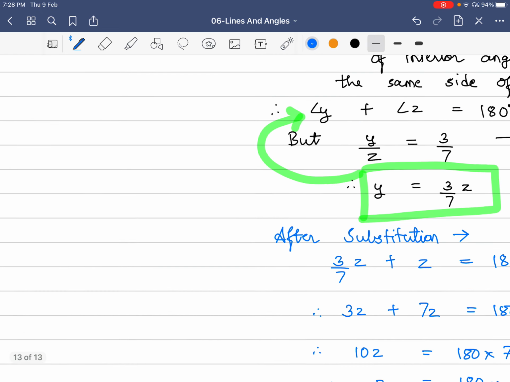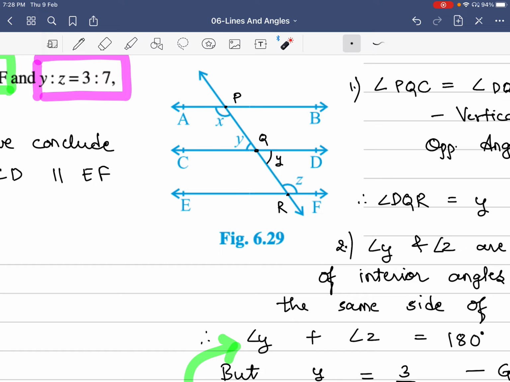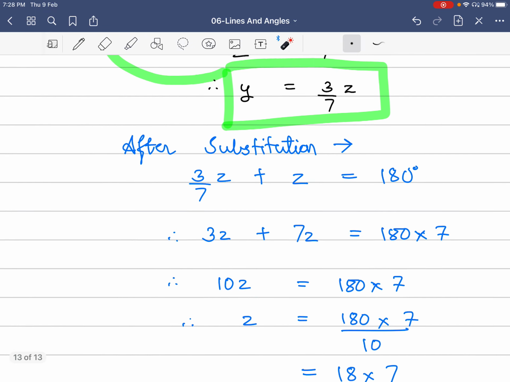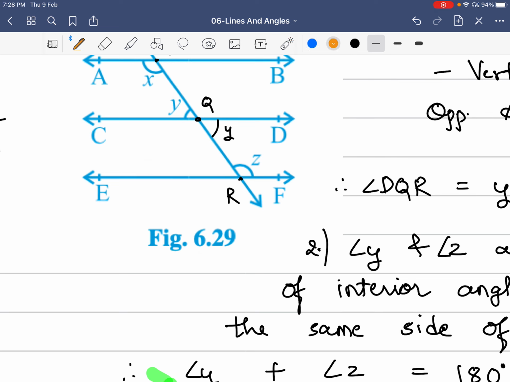Now we have found the value of Z. So here it is, Z is equal to how much? 126 degrees. Let's quickly note it down. Z is equal to 126 degrees.